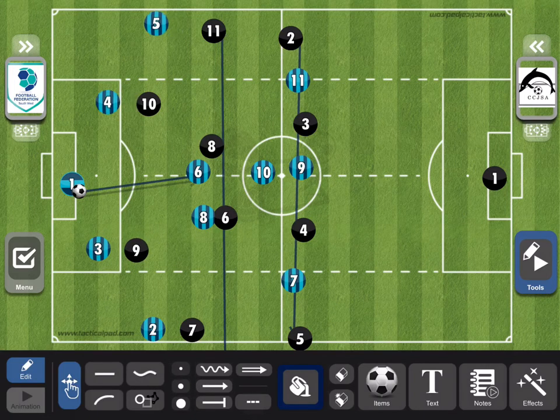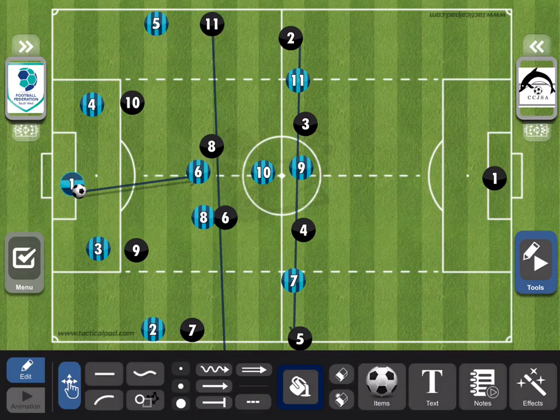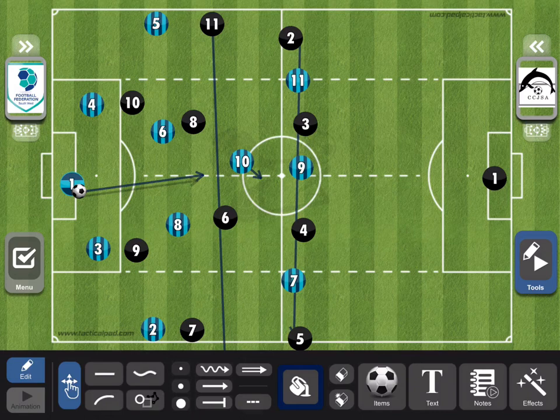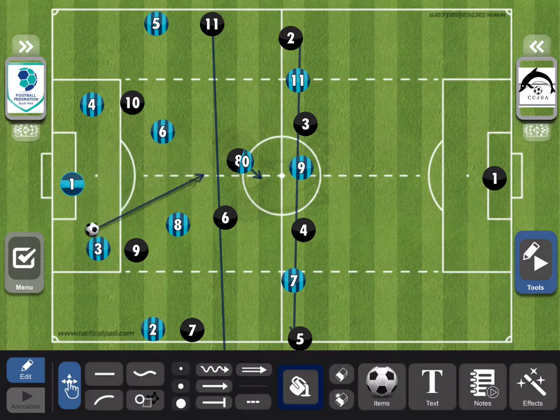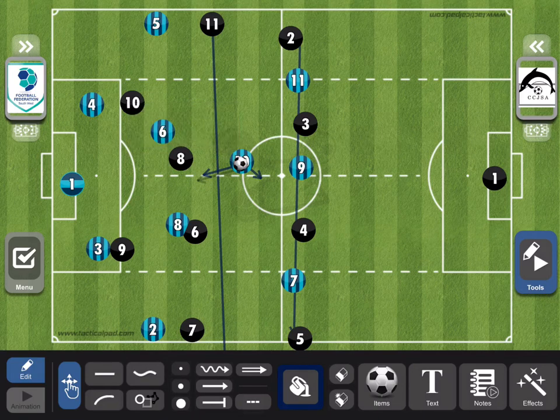If they want to go man on man, we can then exploit our spare player into the midfield. With this ball into here, or if they block that one, into here, and we're out. We can even play into here, see if we can draw players, see who's available before that ball goes.